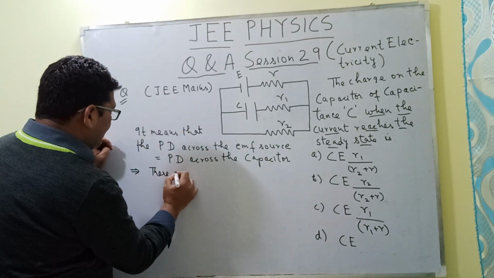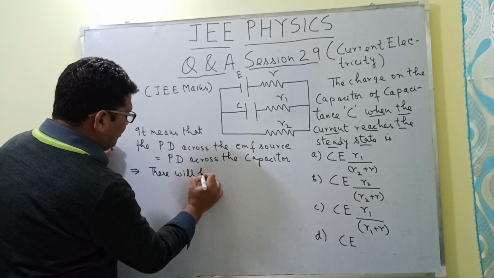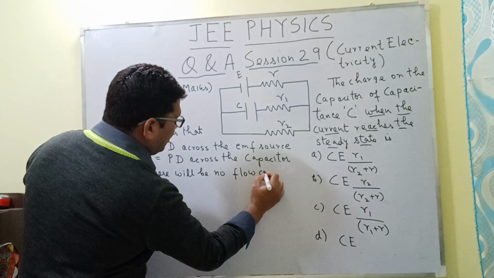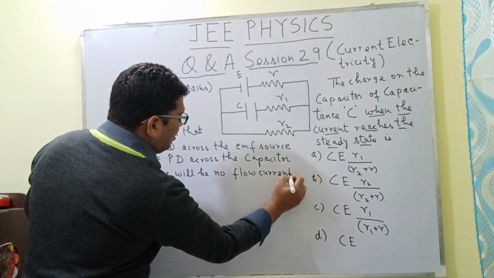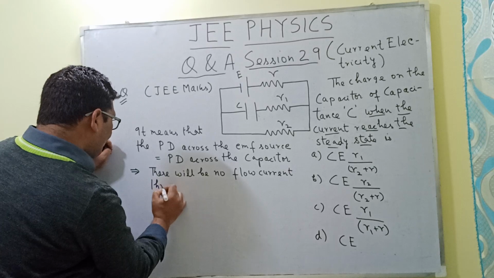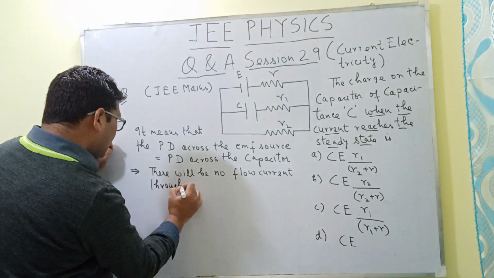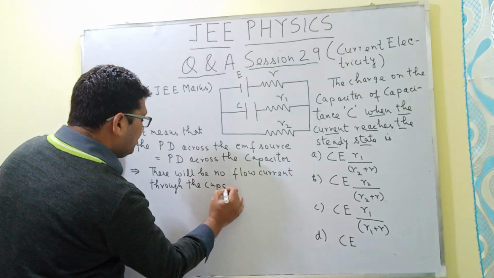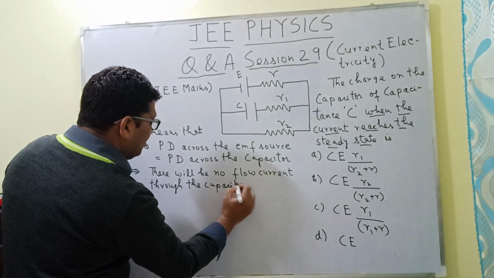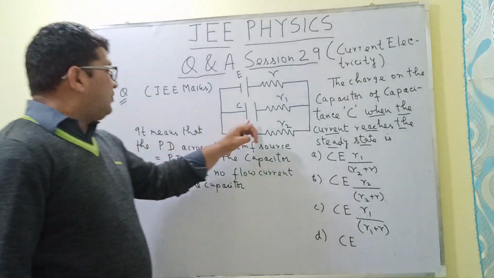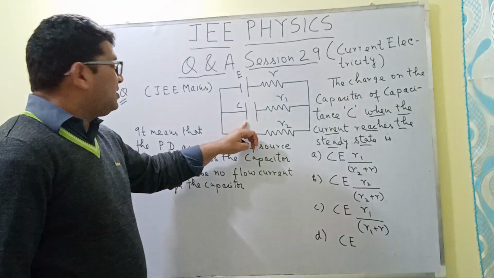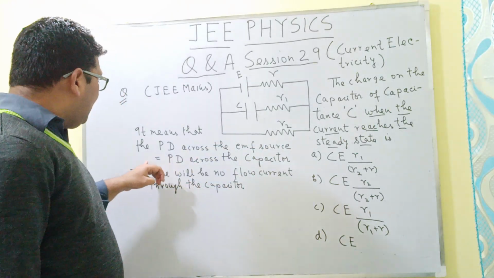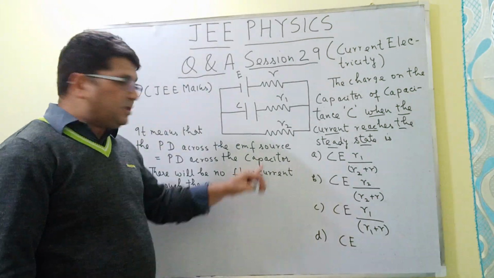there will be no flow of current through the capacitor. That is, if the potential difference across this EMF source and the potential difference across this capacitor are equal, then there will be no flow of current through the capacitor.